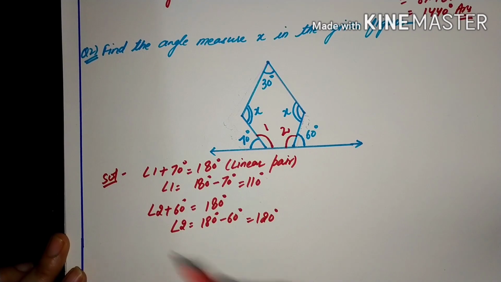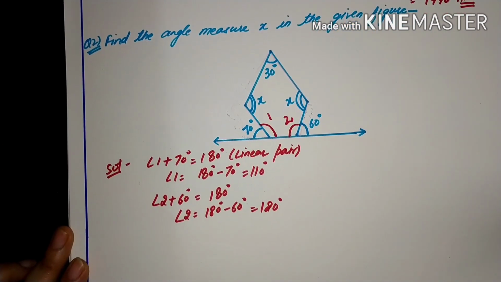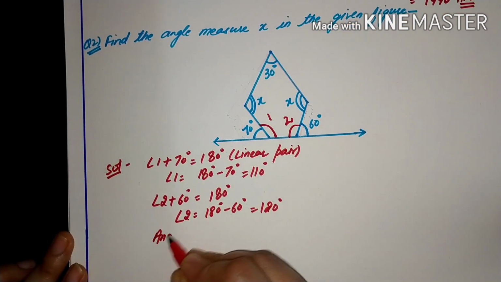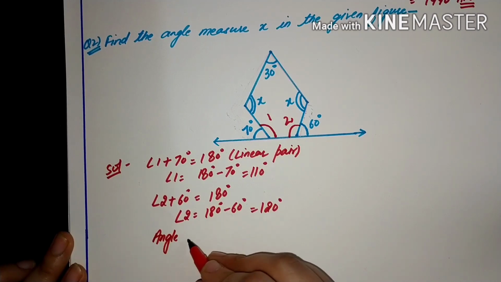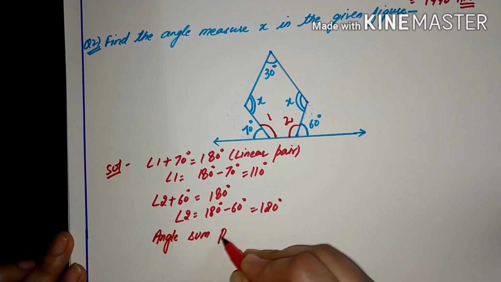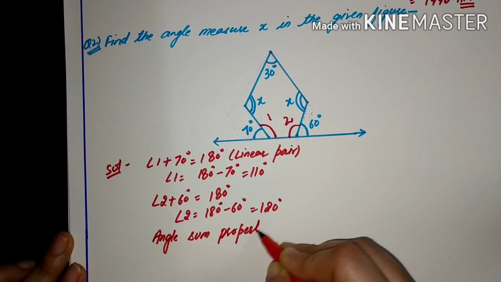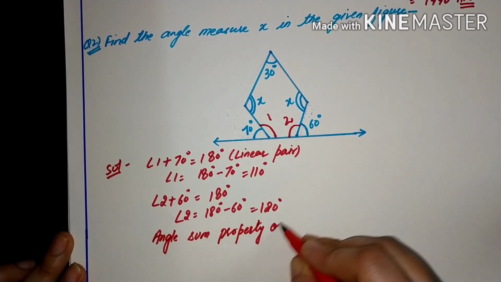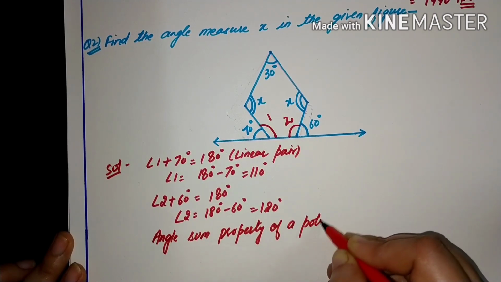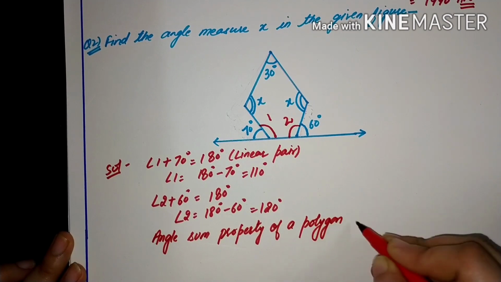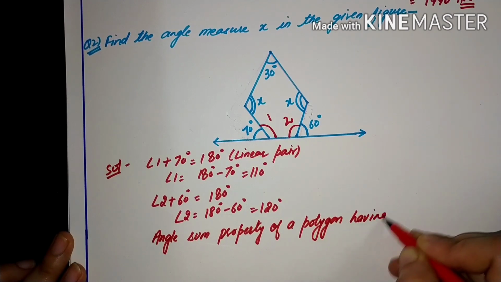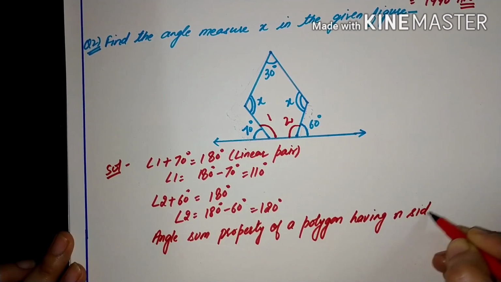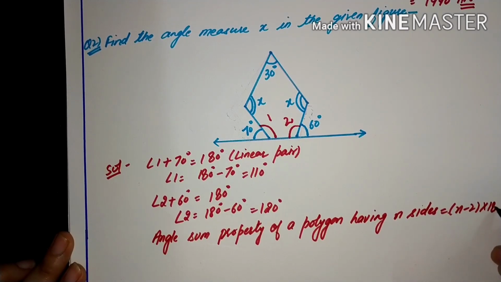Now we will use the angle sum property. As I have told you earlier, the angle sum of a polygon having n sides is equal to (n minus 2) into 180 degrees.